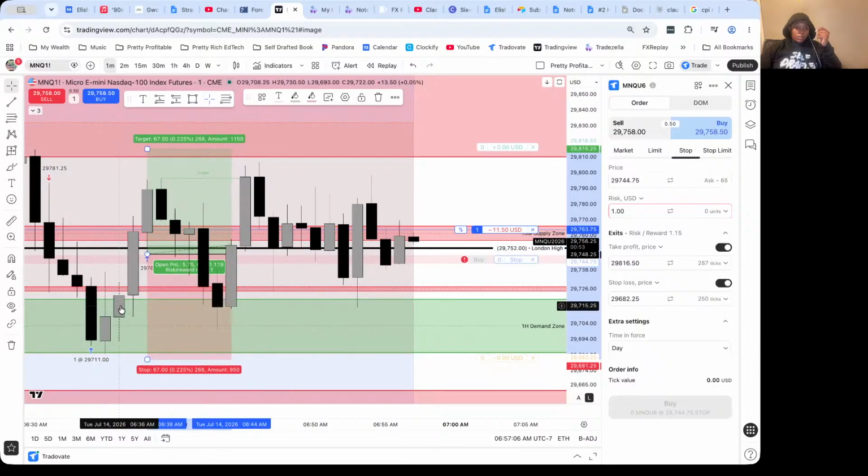Technically, I could have entered here. But I was also a little bit uncertain. This technically is a rejection candle. This closed above it, so I could have entered here. But when I was seeing it, I was waiting for it. I'm thinking, okay, the rejection finishes here.